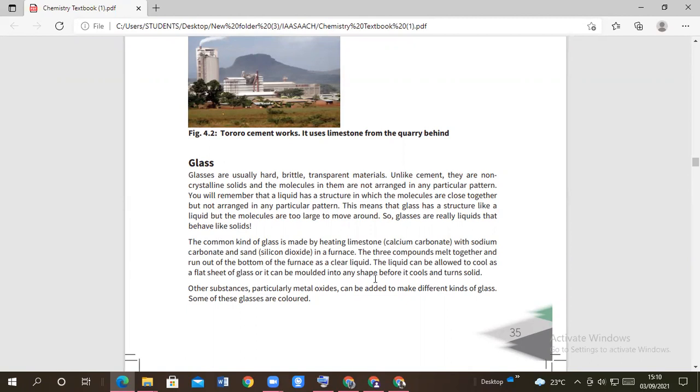Then you make the liquid glass follow that shape. It comes out as a round glass. That is another way you can make it. If you want to change the color of that clear liquid, you add metal oxides. The main metals used here are zinc oxide or lead oxide.